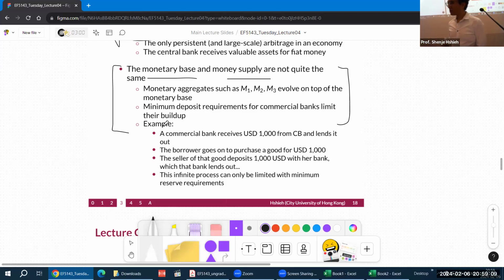The way it works is if I can lend out $1,000, that bank can just deposit that money at another bank. That bank can also issue $1,000, and they can do this infinitely, right? That's another way to create money. Setting reserve ratios limits that infinite money creation. If you look at mainland China, they do a lot of their central banking policy through managing reserve ratios.